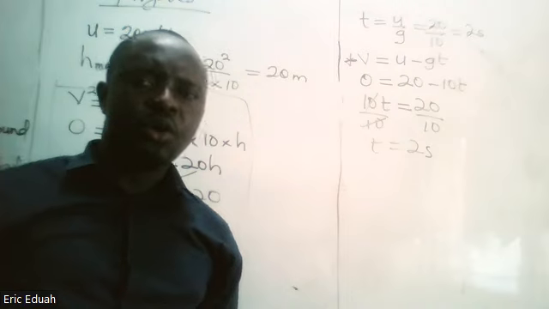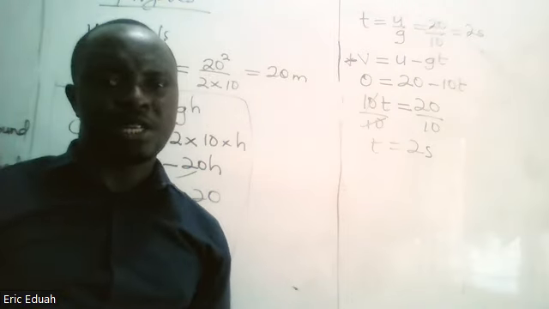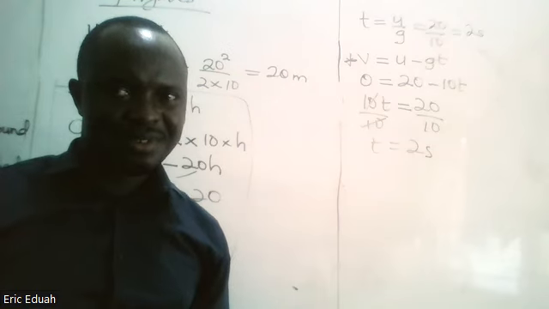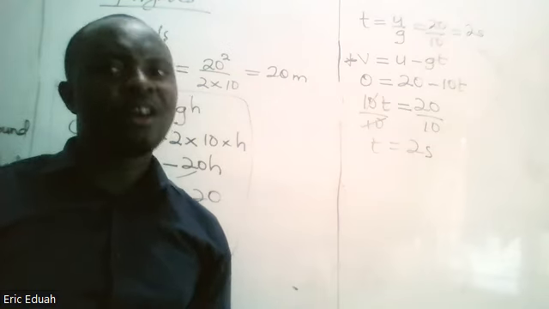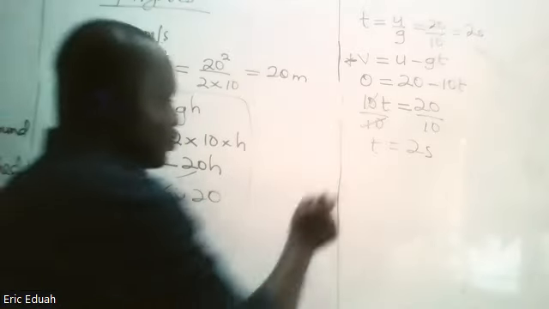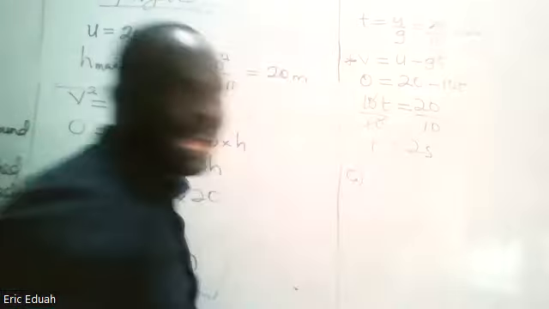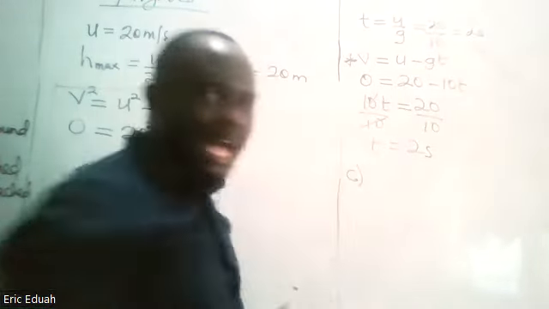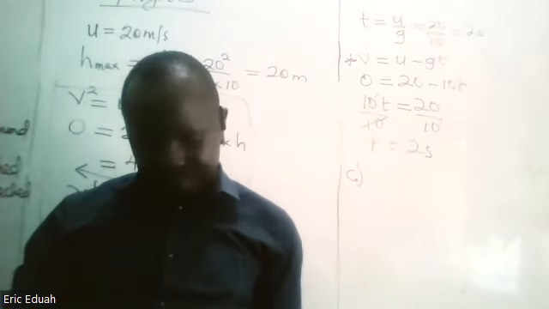So in all, when will it return to the ground, class? 4 seconds. After 4 seconds. Okay. If you are a fan of formula, how do we call this special time?